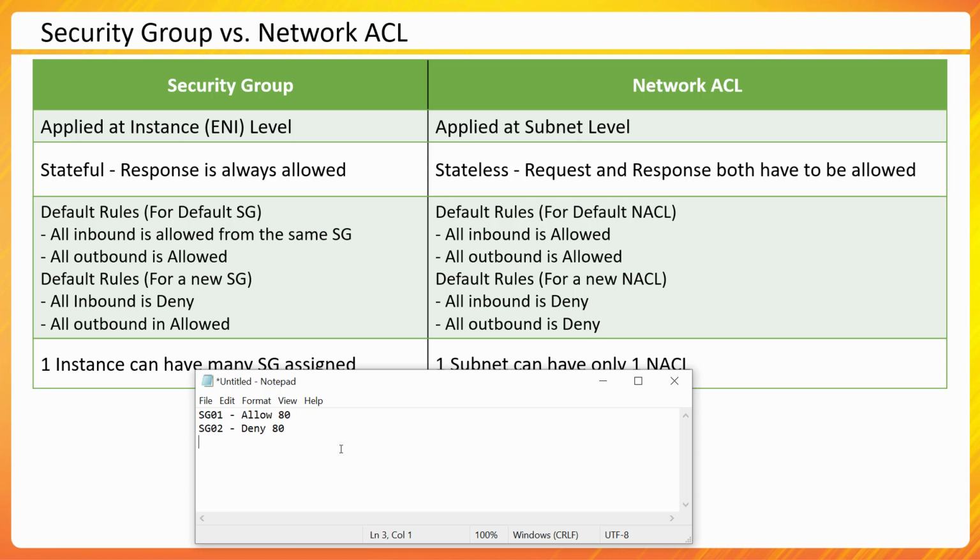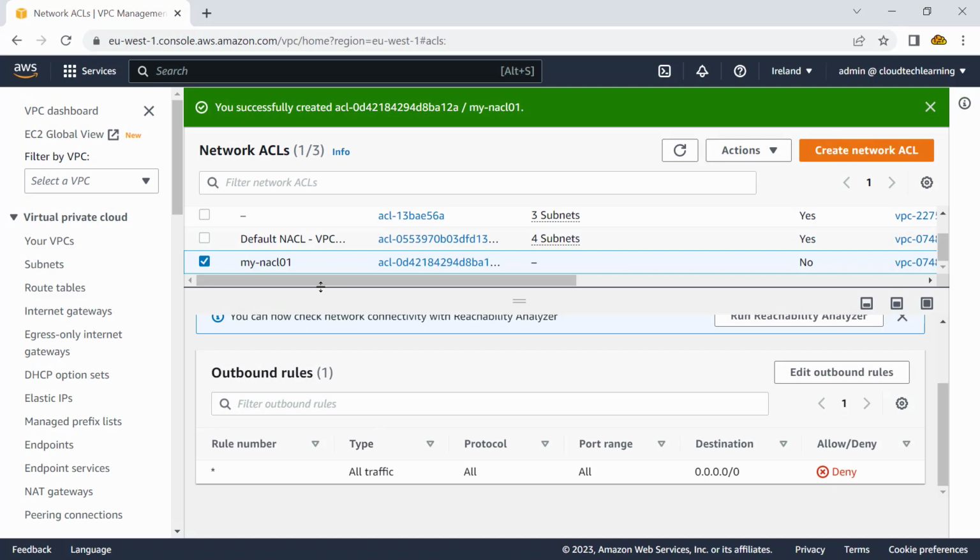Now, most of you would be thinking deny would take precedence. Security groups do not have a deny statement at all. The only thing you could do is allow. So if this was allow, then it would have no issues at all because it is allowing. Or if SG02 says allow 443, the result would be that both port 80 and 443 would be allowed. So there is no deny statement in security groups.